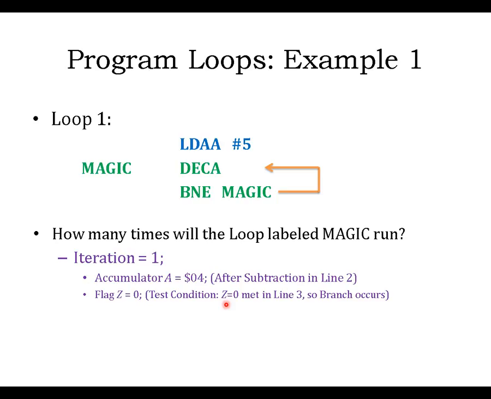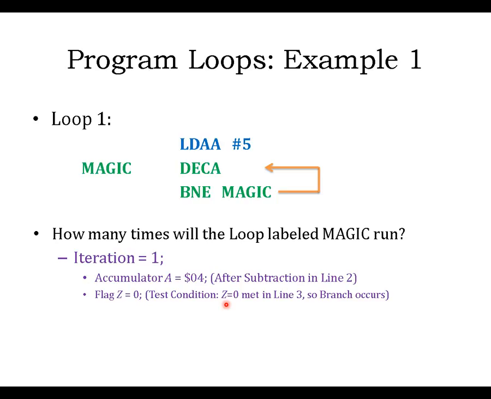But the zero flag is not set because the difference is not 0, right? 0,4 is not 0. Zero means what? All zeros, all the way across the result. So it's not 0, so the zero flag is not set yet. The zero flag is cleared, right? That means the zero flag is 0.